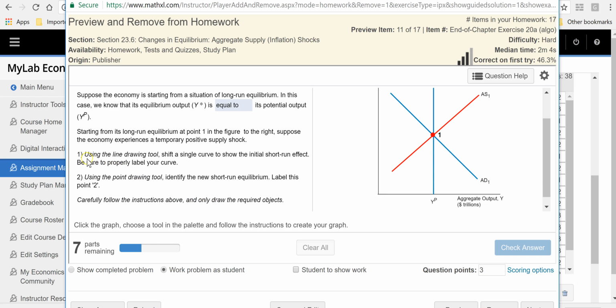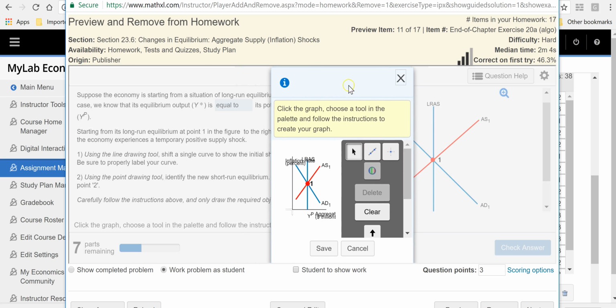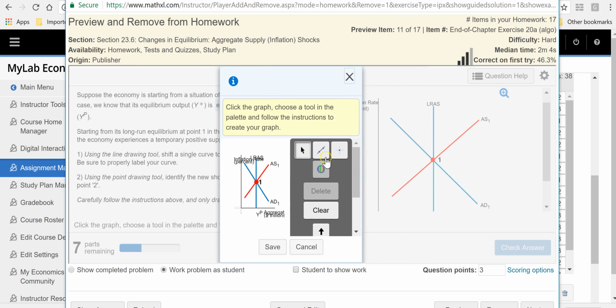So one, using a line drawing tool, shift a single curve to show the initial short-run effect. Be sure to properly label your curve. So let's use a line drawing tool.